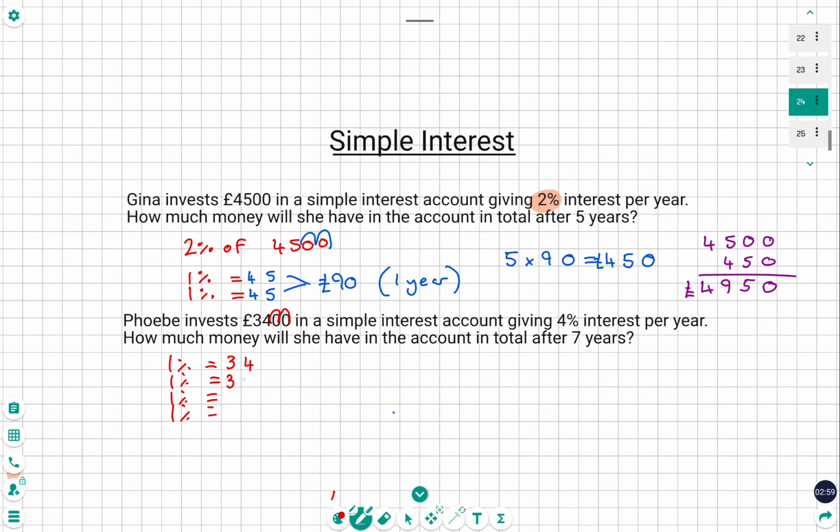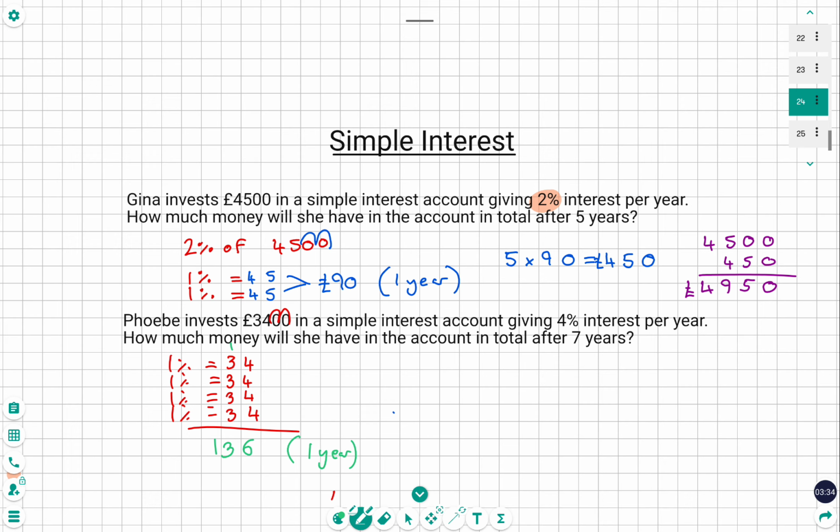And that 34 is the same for all 4 of these percentages. Now I can add them all together. So 4, 8, 12, 16, carry 1, and so on, so I've got 136 now. So £136, that is the amount of interest that Phoebe is getting for 1 year.